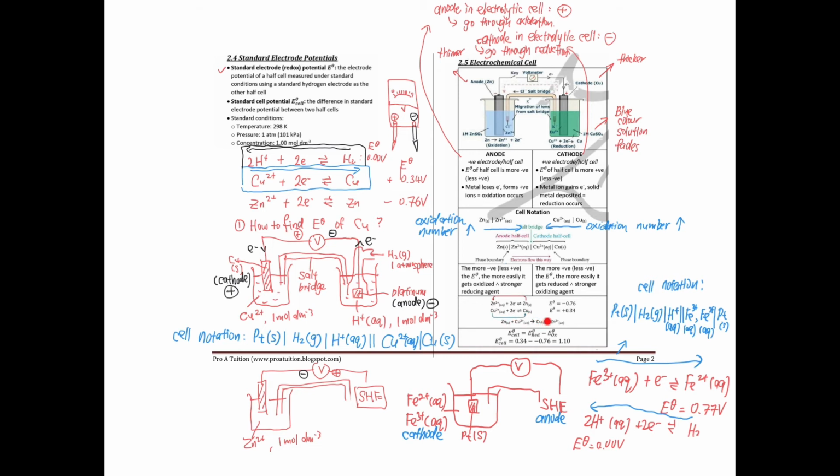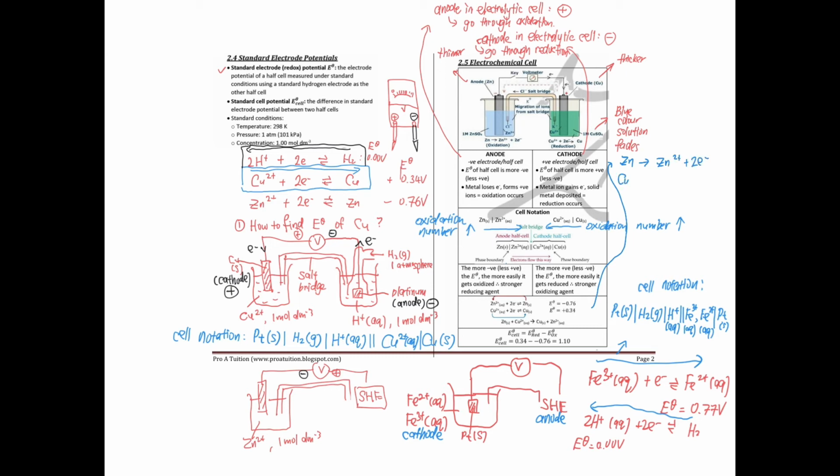And then how do they get this overall equation? In fact, you do it like this. You have to swap one. Okay, so let's say I just put it up here. Zinc becomes, you see I swapped the equation already, Zn2+ + 2e-.